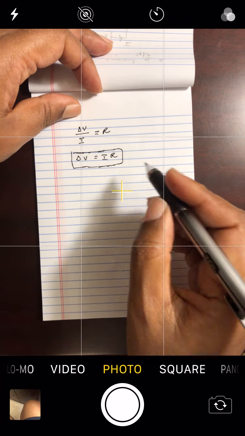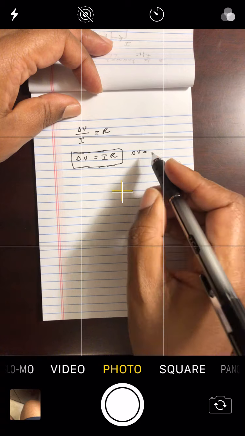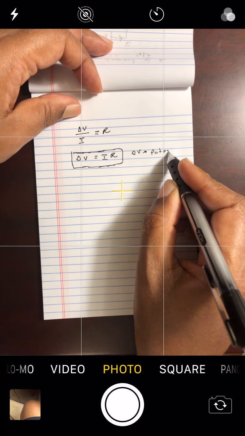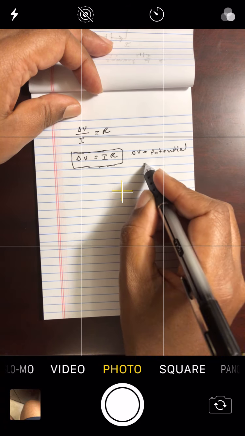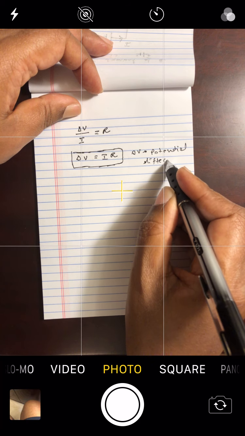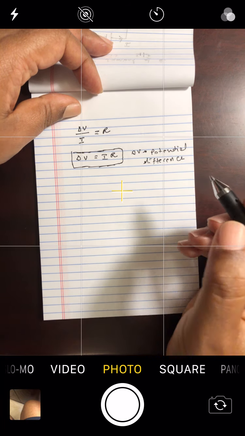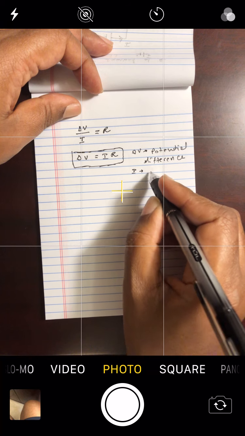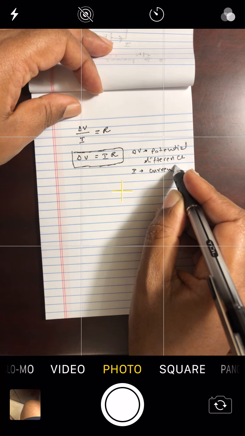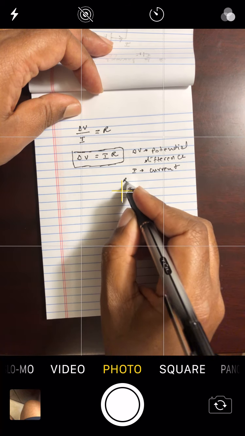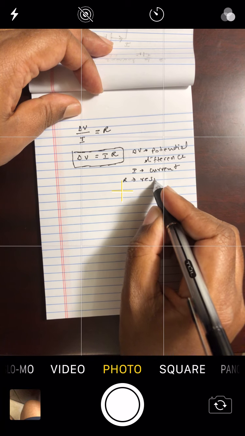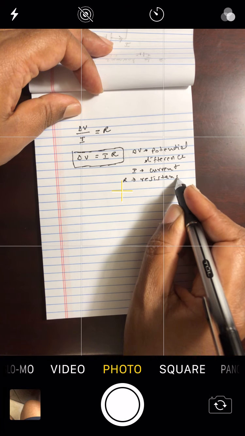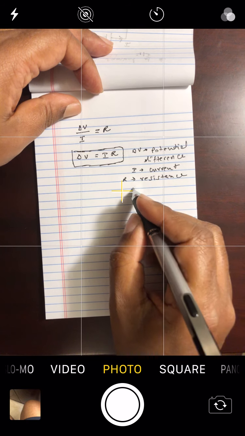In this formula, delta V is potential difference across the resistor, I is current through the resistor, and R is the resistance of the resistor.